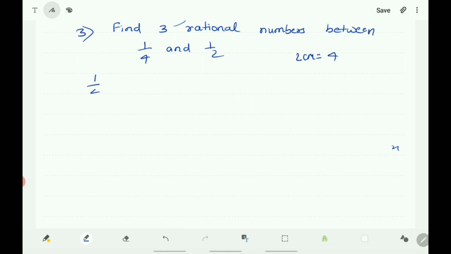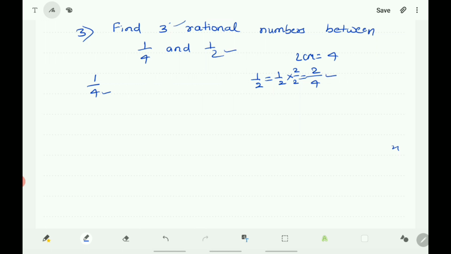Now you take 1 by 4 and you take it as 1 by 4 only because the denominator is 4 as the LCM is 4. Next you take 1 by 2, then 1 by 2 is equal to 1 by 2 into, to have the denominator 4 it must be multiplied by 2. So you multiply both numerator and denominator by 2, so it becomes 2 by 4. 2 by 4 is nothing but 1 by 2.